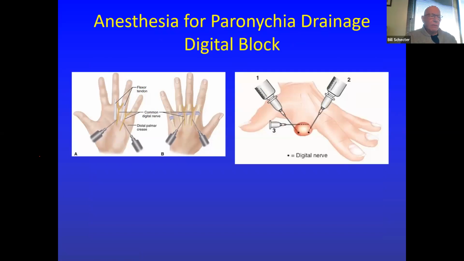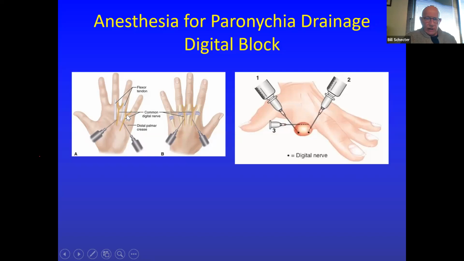Now, a word about anesthesia. The best way to manage these, in my opinion, is to use a digital block. But you have to be careful with digital blocks. Remember we went over the anatomy of the digital nerves in the previous lectures pretty carefully. And you can remember that they run on either side of the fibro-osseous tunnel in zone 2.